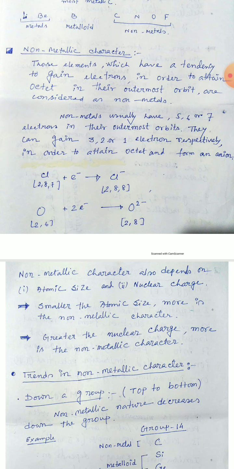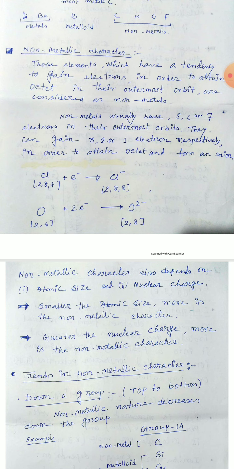For chlorine, it is not easy to release 7 electrons to attain the octet in the valence shell, but it is easy for chlorine to accept one more electron to become 8 electrons in the valence shell. Therefore chlorine easily accepts or gains one electron to form Cl minus ion, and among Cl and Cl minus ion, Cl minus is more stable because Cl minus has 8 electrons in its valence shell, while the chlorine atom has 7 electrons in its valence shell.